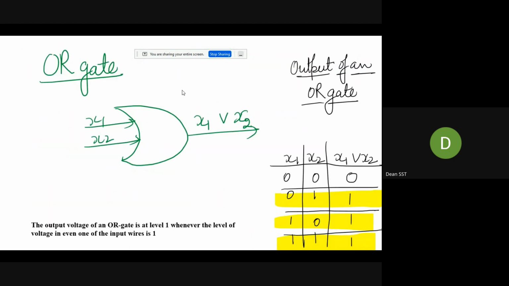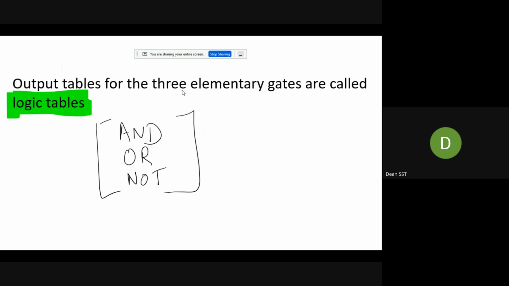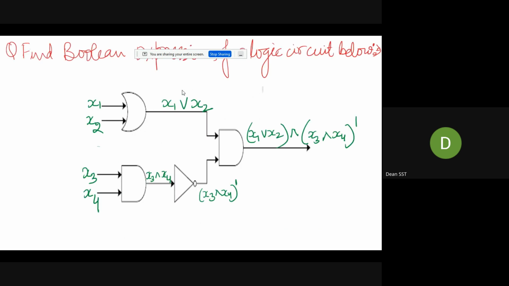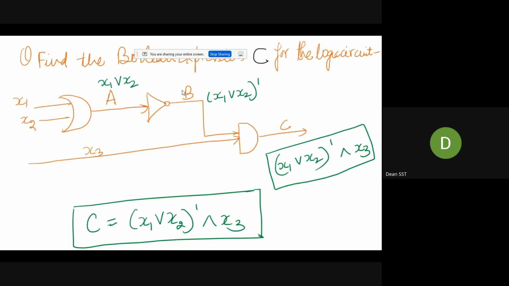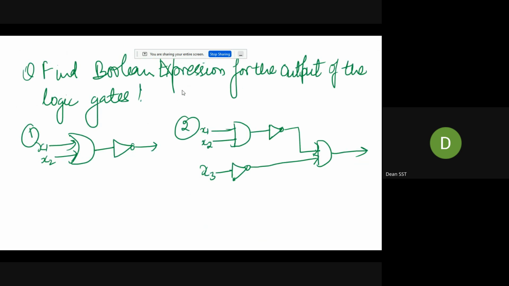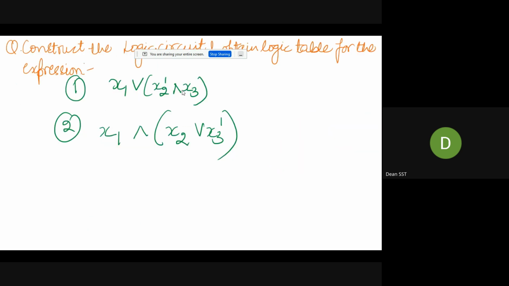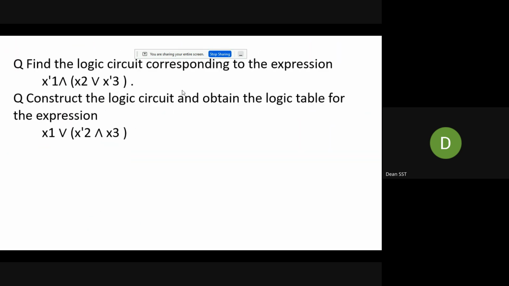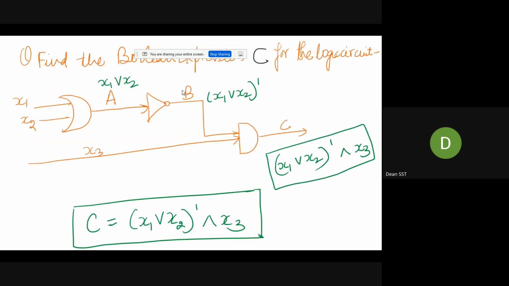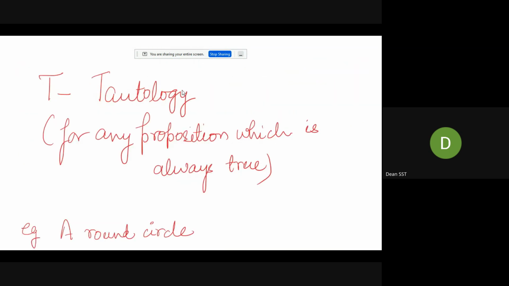After logic circuits, we will simplify Boolean algebra based expressions. We will create Boolean expressions and vice versa: from the circuit diagram, we will try to create expressions. And after that, we will start dynamic programming. This is all that we are going to cover today. So now let us start.